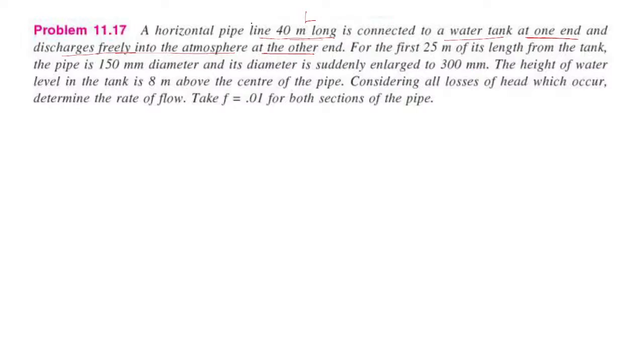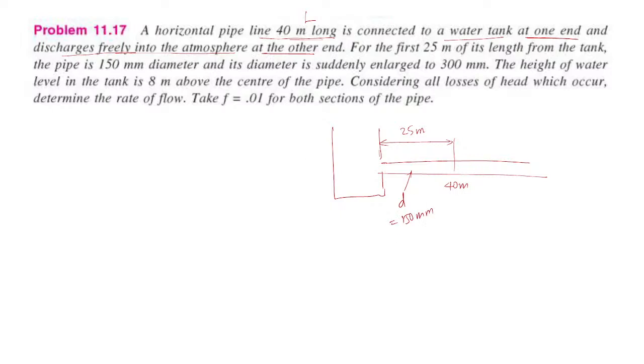So the total length of the pipe is 40 meter long, and out of that, if there is a tank connected over here, the first 25 meter, from here to here, is your length, and the diameter D is 150 mm.